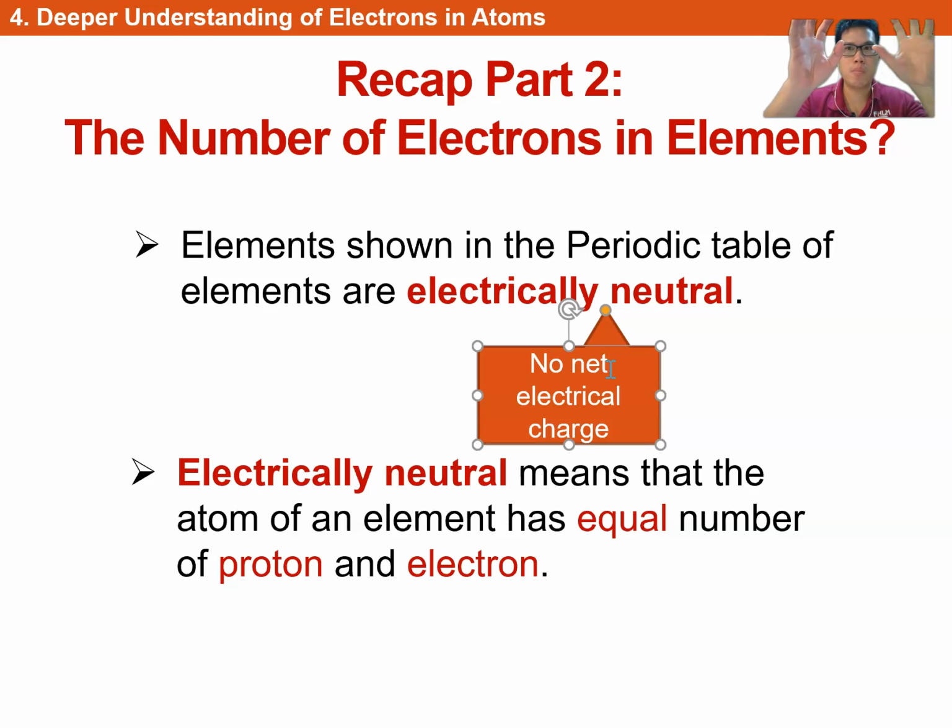For example, 1 positive and 1 negative, so the net charge will be 0, because it neutralizes. If you have 2 positive and 1 negative, the net charge will be positive 1, and so forth.